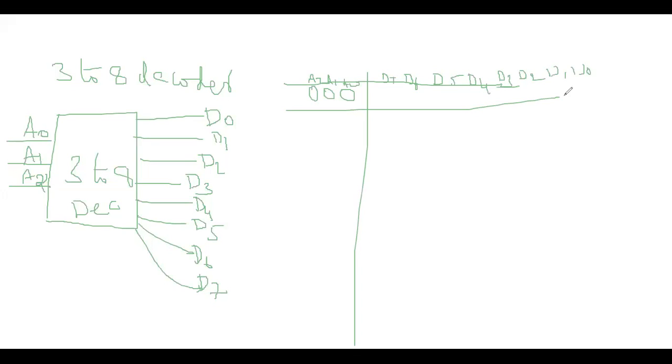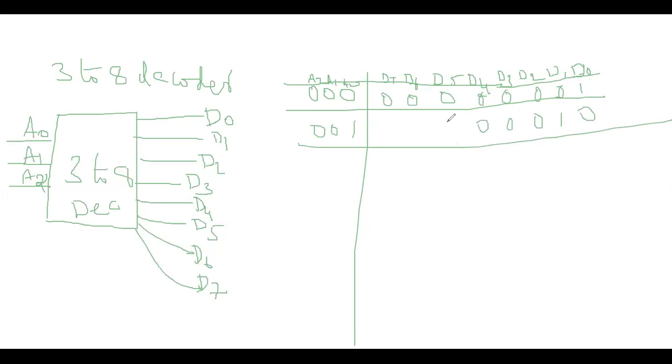Only one output is activated for each possible combination of the input. When the input is 0, 0, 0, D0 is high and all the remaining outputs are zeros. The next combination, 0, 0, 1, has D1 high and all remaining values are zeros.